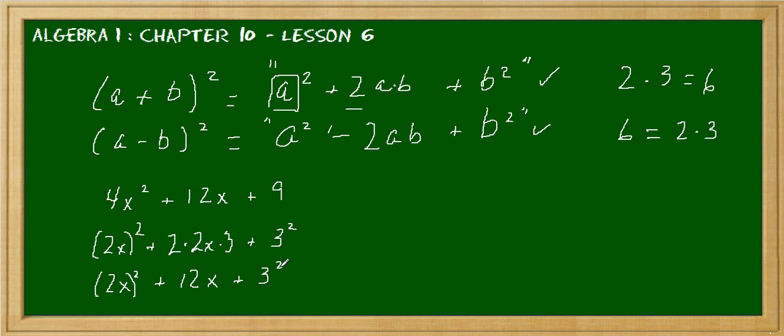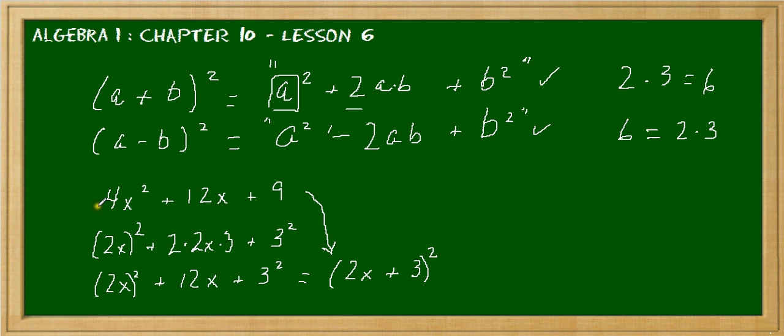It's the same as the form of a squared plus 2ab plus b squared. Now, if that is the case, then what are the a and b terms? Well, we already said it's 2x and 3, and since they're being added, we would simply add it and then square this binomial. The 4x squared plus 12x plus 9 polynomial can be rewritten as the square of this binomial, 2x plus 3.